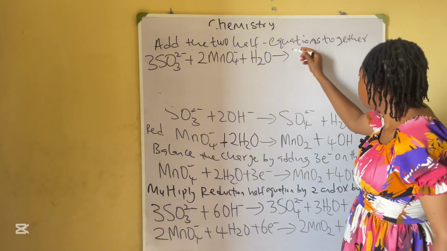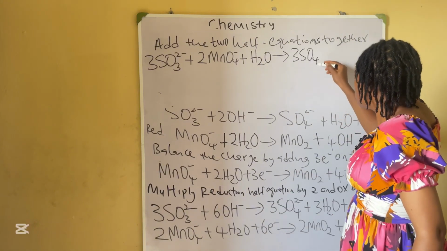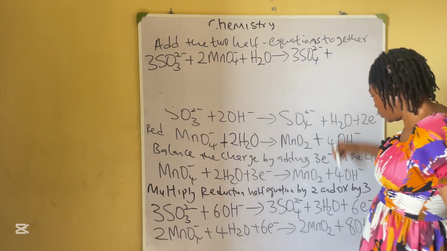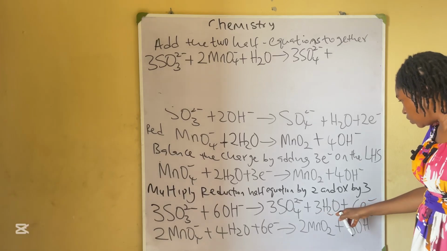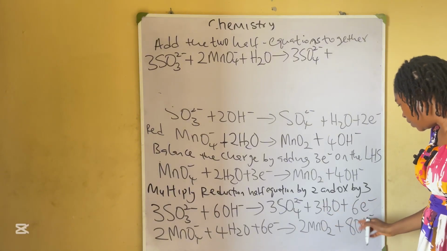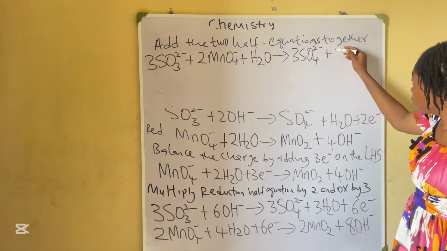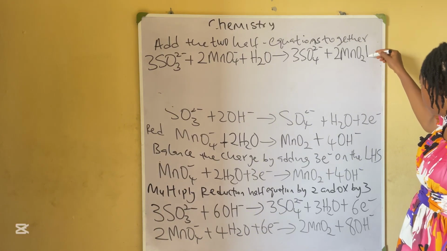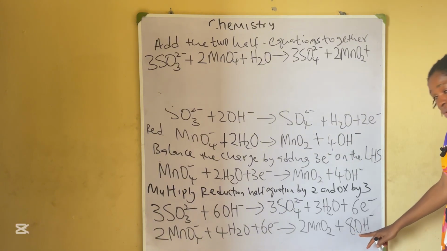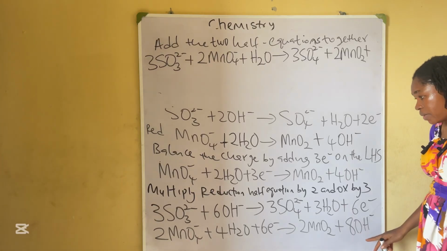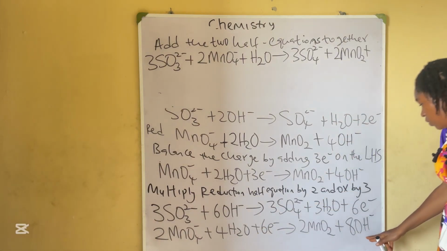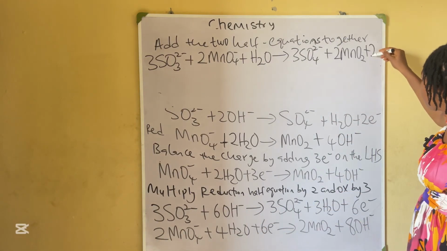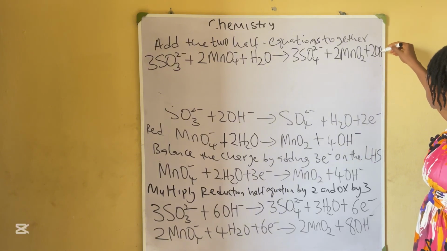So I have 3 SO4 2 minus plus 1 H2O. This water on the other side has already been subtracted. Plus 2 MnO2 plus what I have now is what? 2 OH minus. I've already subtracted 6 from here. So 2 OH minus.